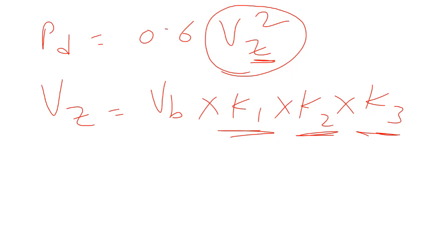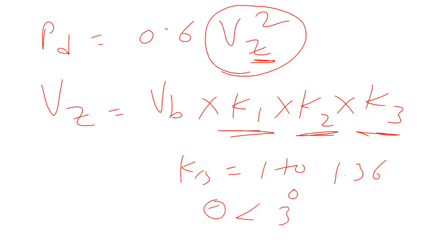K3 particularly varies from 1 to 1.36, depending upon whether the slope theta is less than 3 degrees or greater than 3 degrees. Okay, now we know a little bit of theory about how to calculate wind load.